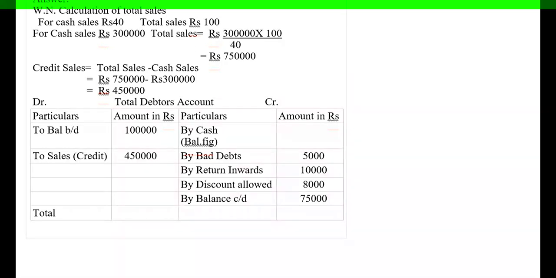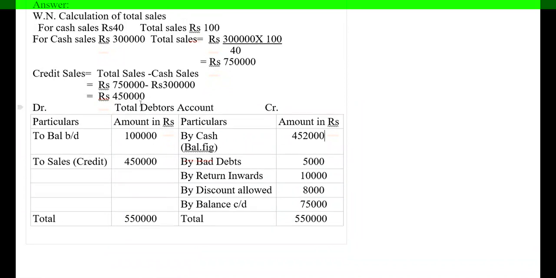So it comes to 5,50,000. So let us write down here also 5,50,000. From this 5,50,000 we should deduct here, so it will be 4,52,000 is the cash received from debtors.